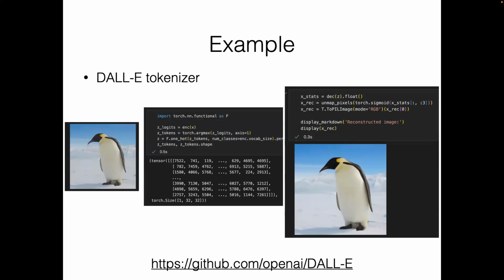Here you could see that there's this encoder. Here they have this decoder. And here are the intermediate tokens that are generated. So here it basically represents this penguin as these discrete numbers. And then it's able to go, and you could see it's a bit noisy, but it's able to some extent reconstruct this image.